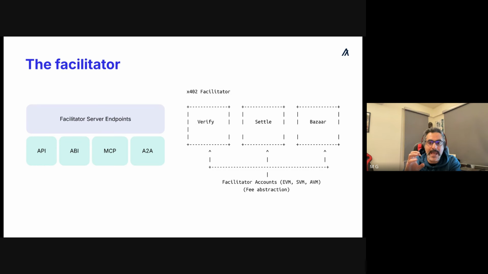It verifies the payment transactions to be correct, to be okay, to be legit. And when they are verified and the facilitator checks them in every aspect, it then tries to settle them on chain.